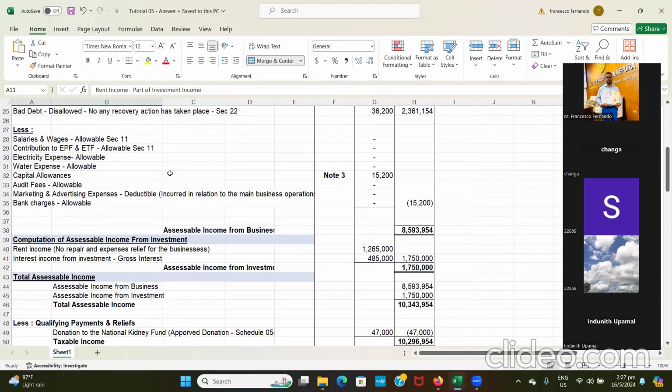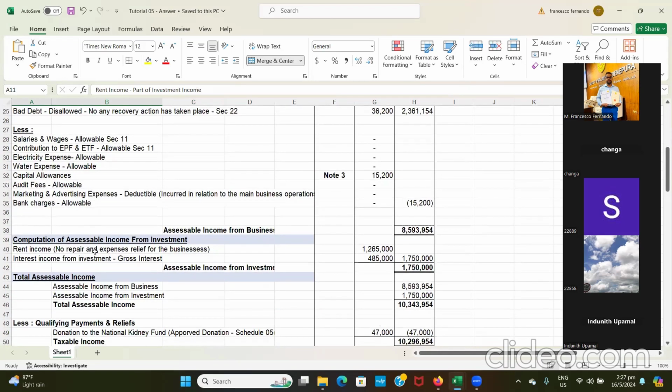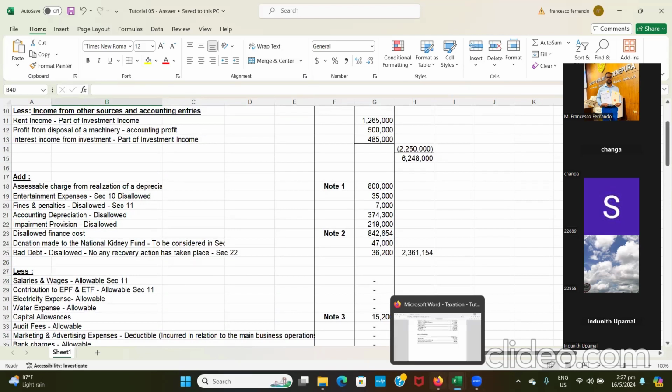With this adjustment, I can go to investment income, keep some space, write this heading and record the rent income value there. There is no repair and expense relief even for businesses. Remember that only for individuals do we have the 25% repair and expense relief, right? So that is the first adjustment.